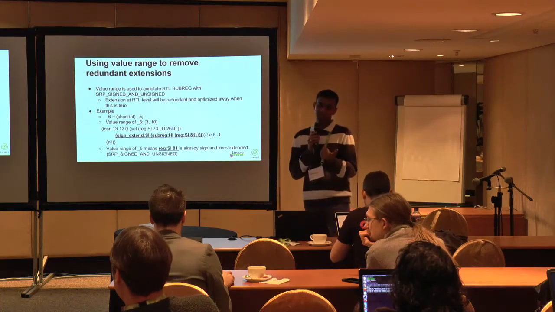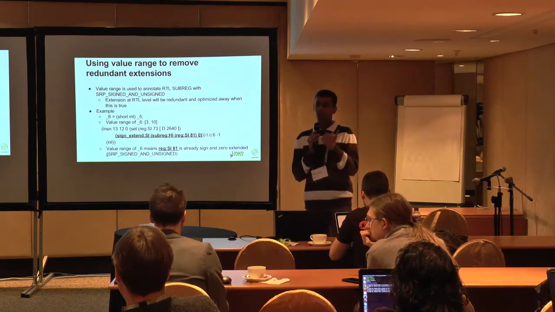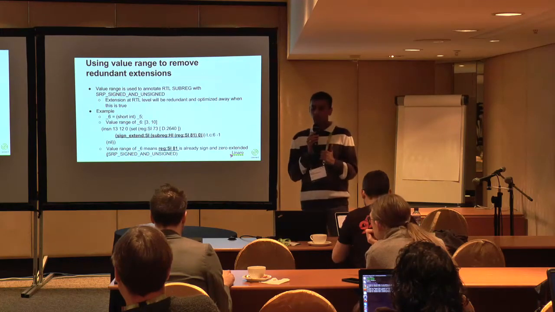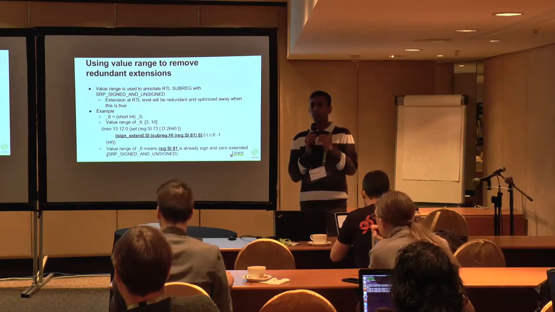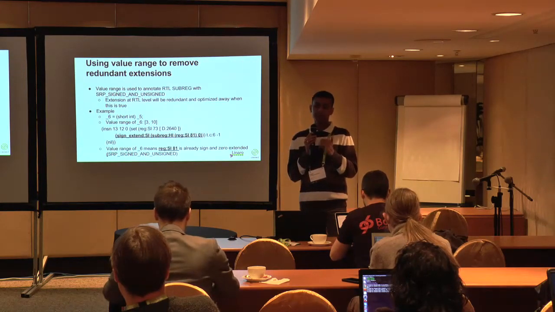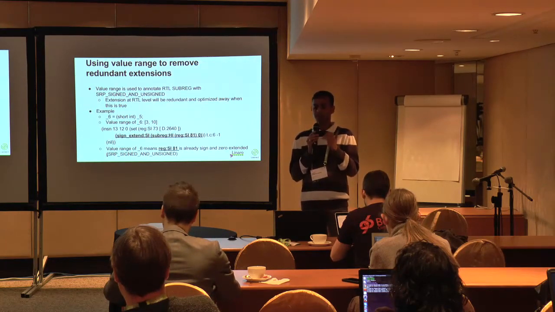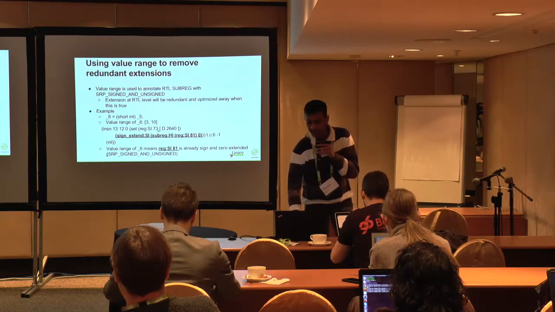The first approach is based on using the value range to remove redundant extensions. So what is value range? At the tree level, there is a value range propagation pass which can compute value ranges for SSA names when possible. If meaningful value ranges can be computed for an SSA name, it will provide a value range like 3 to 10.